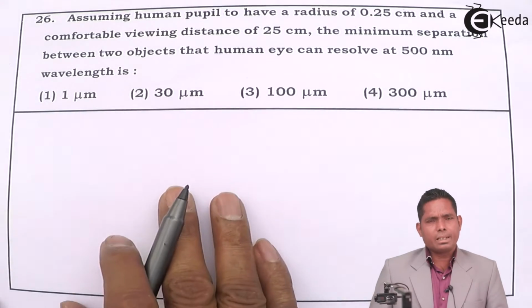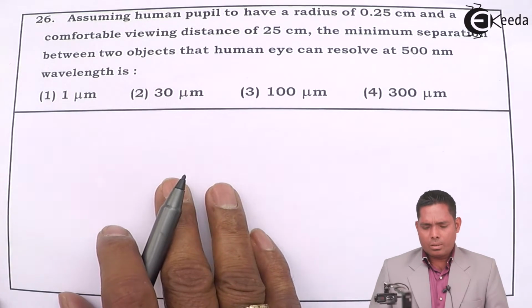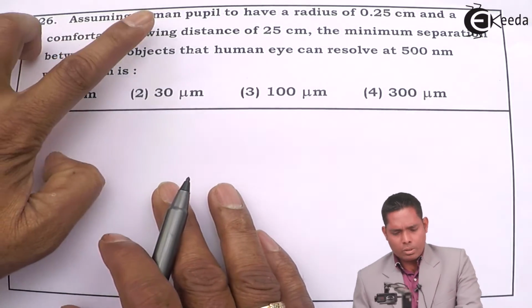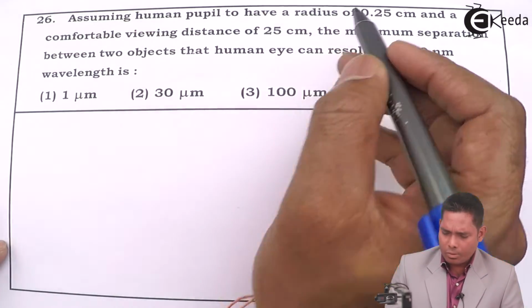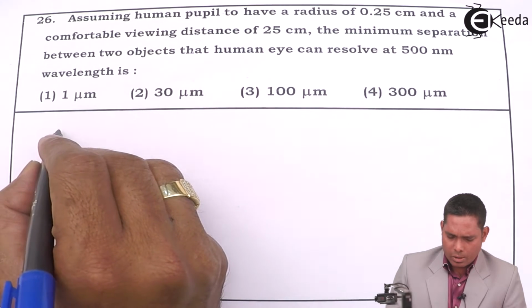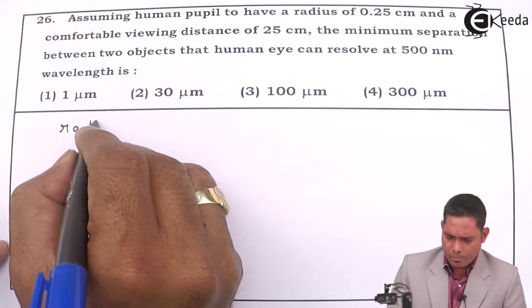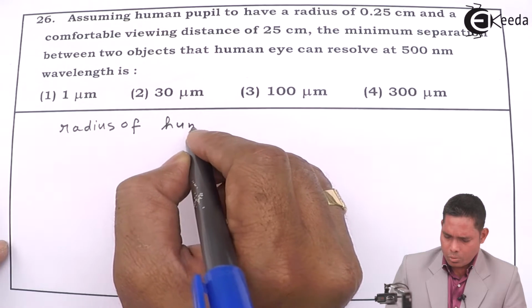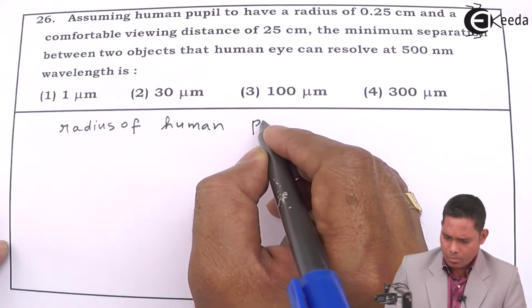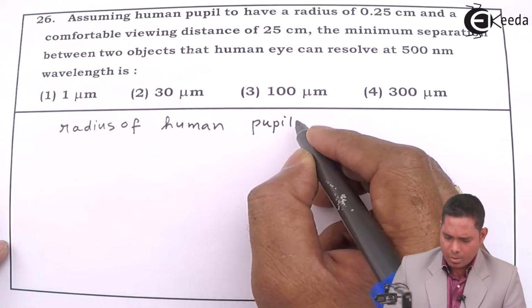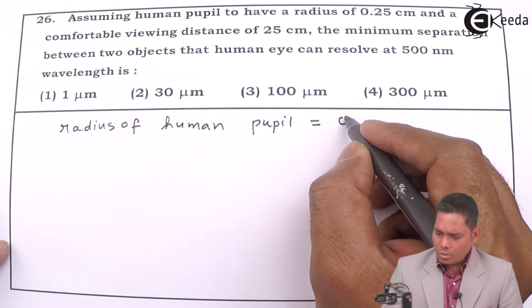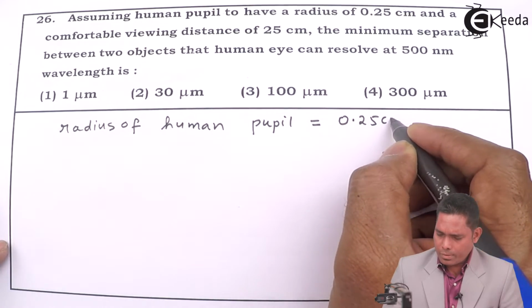This question is basically about the diffraction of light. Assuming human pupil to have a radius of this, so the radius of the human pupil is given as 0.25 centimeter.